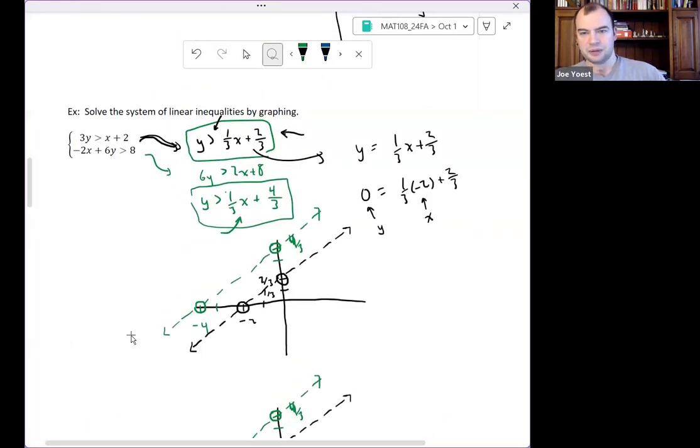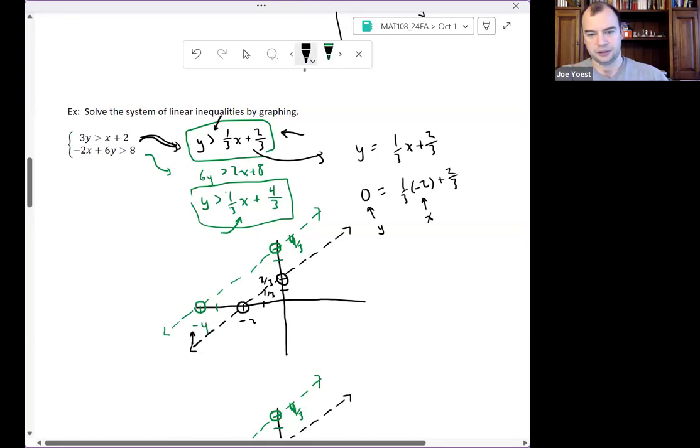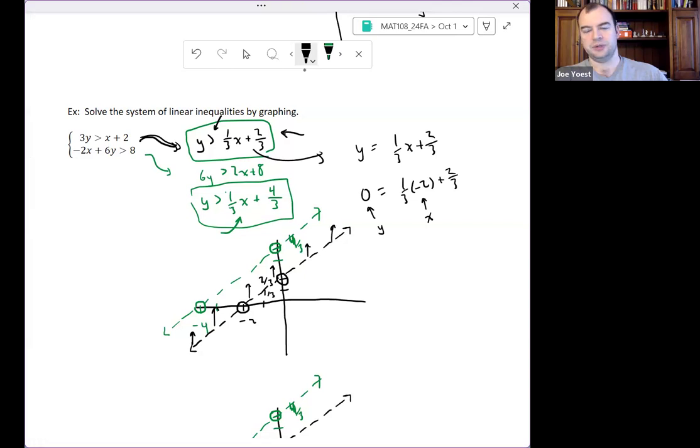Okay, so for this problem, again, I wanted (x, y) ordered pairs where the y value was above this line because I have y greater than, and where the y value is above this line. And being above the green line means that the ordered pair is automatically above the black line. So that is my region where I'll find solutions.